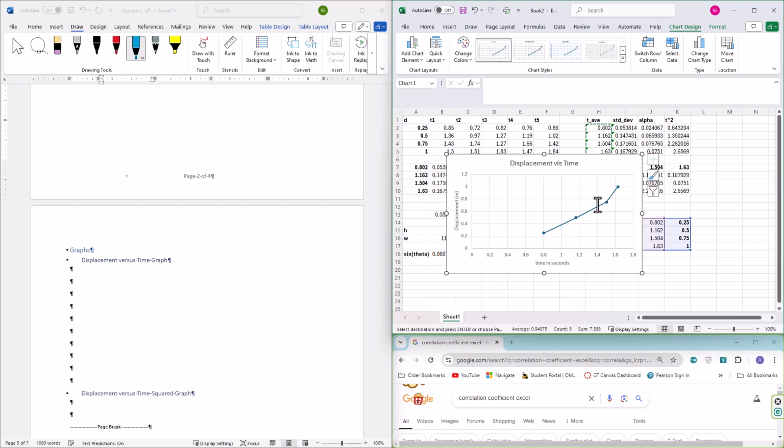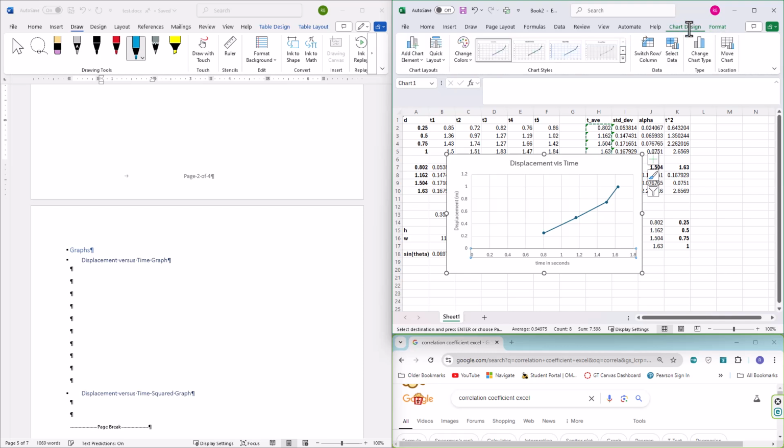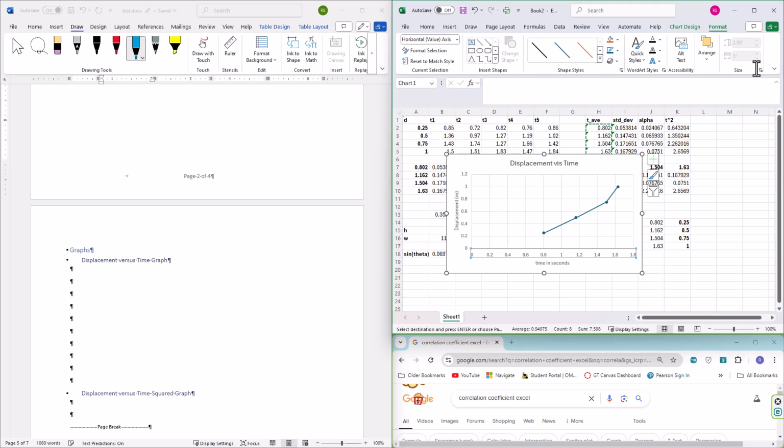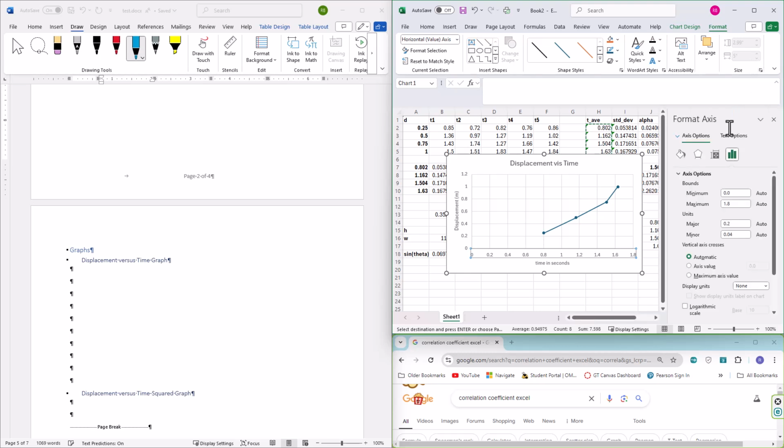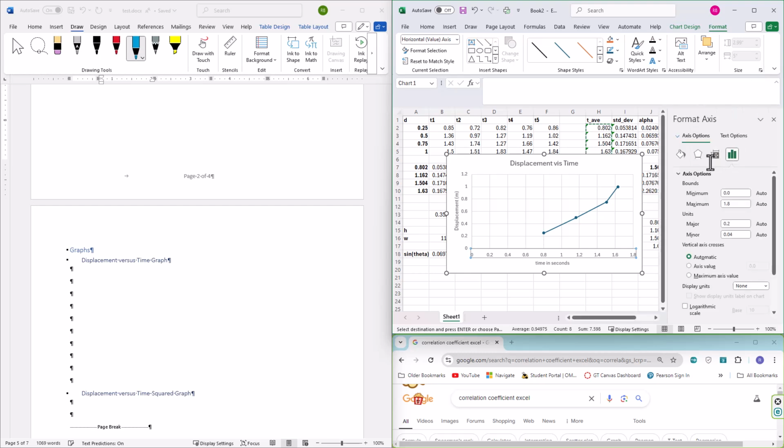Another thing that you could do is mess with the axis values. Now, how could you do that? Well, click your axis. Basically, let me show you that one more time. Click your axis, click that button right there, and what I want to do, at least for the x-axis, is not have this starting at 0 and going up.